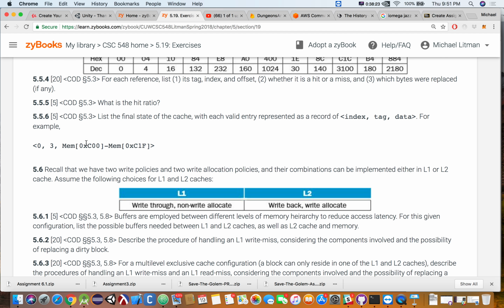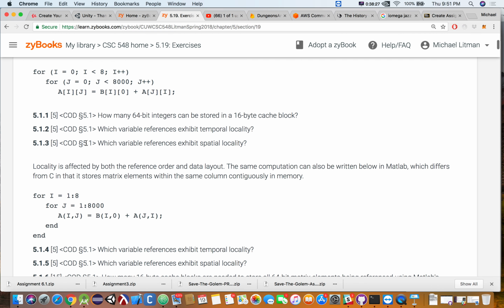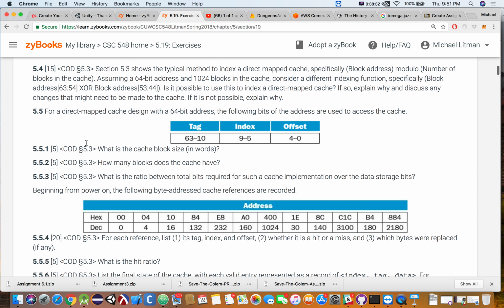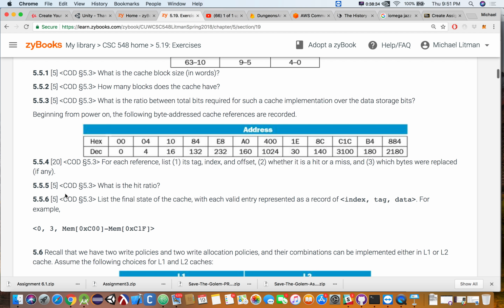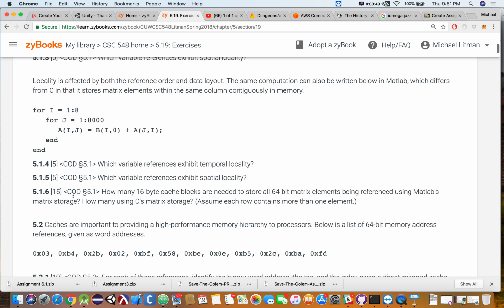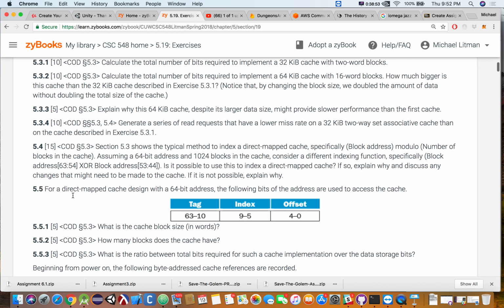All right, so let's do exercises at the end of the chapter, all the exercises from 5.1 through 5.5. Some of them have subparts, like 5.5.4, 5.5.5, things like that. So do everything up to, but not including, 5.6 at the end of the chapter. So that's exercises 5.1 through 5.5.